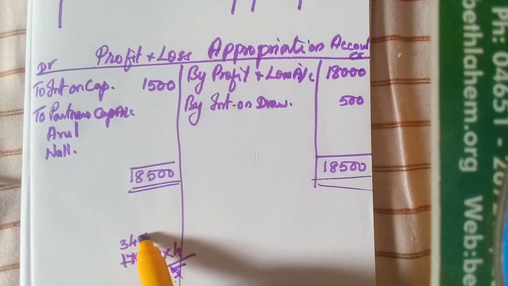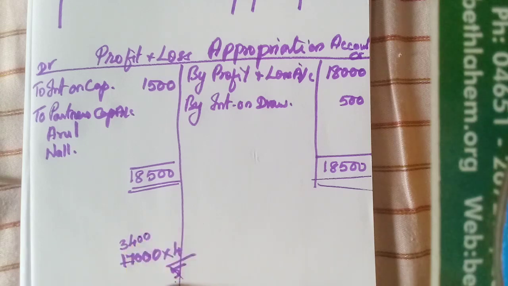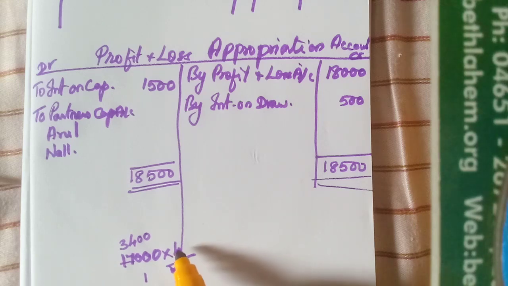Then 4 4s are 16, balance 1. 3 4s are 12, 12 plus 1, 13. Then the remaining for him, 1 means 3,400. You add and check, we will get the same amount.